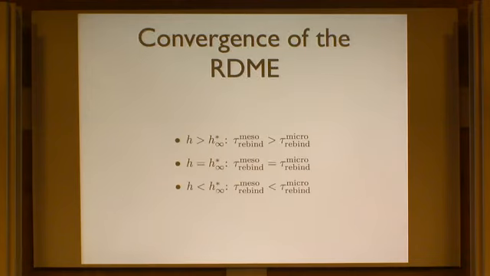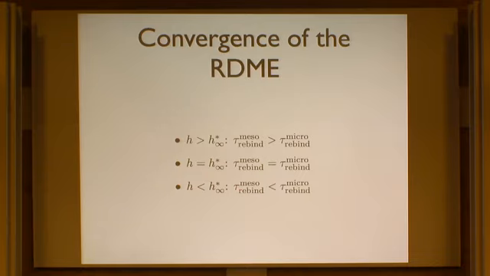So what we have is actually that for H greater than this, the mesoscopic rebinding time will be greater than the microscopic rebinding time, which is intuitive as, if a molecule dissociates in a voxel, then it isn't uniformly distributed, so the rebinding time should be greater. For H at this lower bound, they're equal, but then as H keeps decreasing, this will actually be smaller than that.